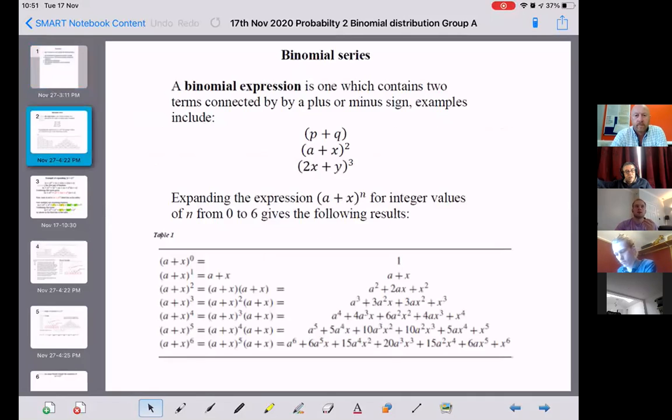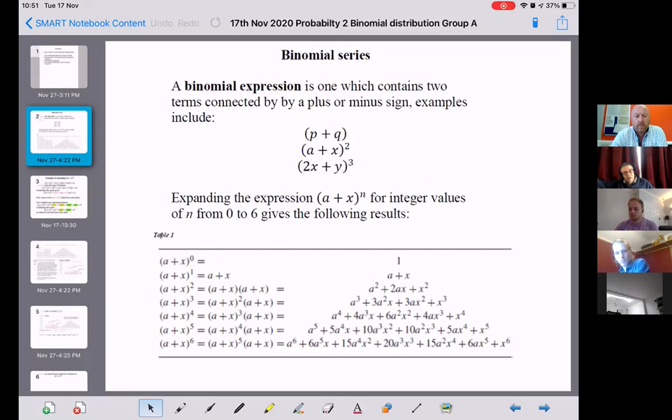So we looked at this last week, binomial series. A binomial expression is one which contains two terms connected by a plus or a minus sign. Examples include p plus q, a plus x all squared, 2x plus y all to the power of 3.